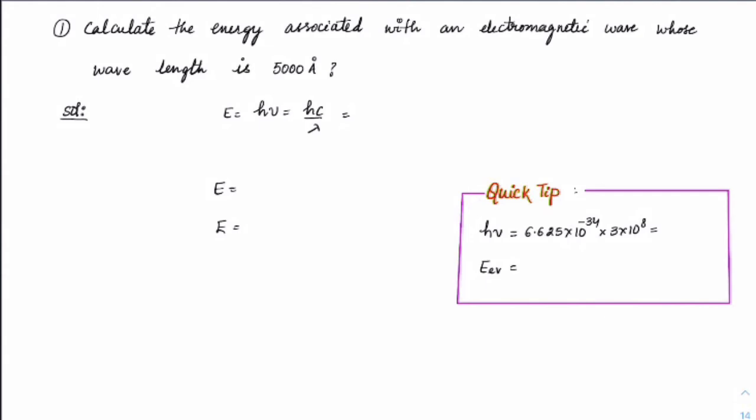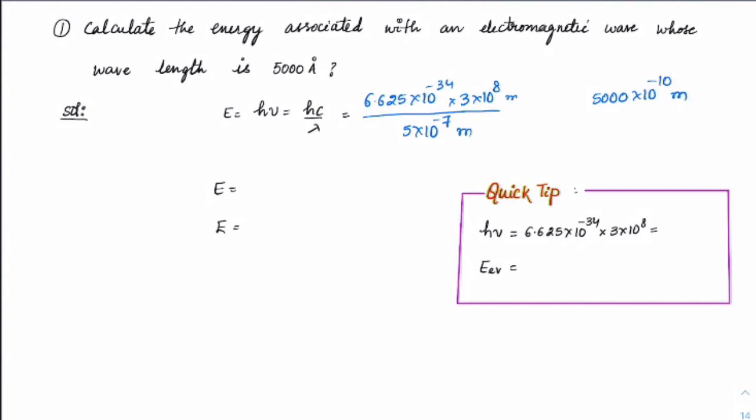We simply start with h nu, which is hc by lambda, and I'll substitute 6.625 into 10 raised to the power of minus 34 into 3 into 10 raised to the power of 8 divided by lambda, which is 5 into 10 raised to the power of minus 7. Because when I say 5000 angstroms, it is 5000 into 10 raised to the power of minus 10 meters, which becomes 5 into 10 raised to the power of minus 7 meters.